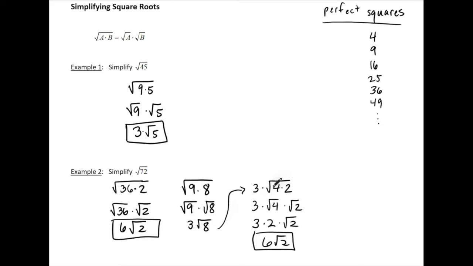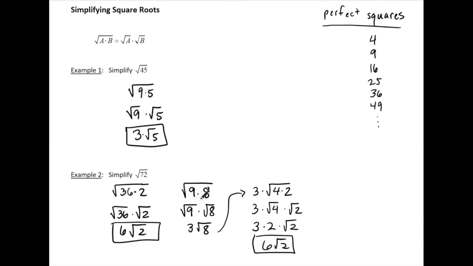Rewriting 8 as the product of 4 times 2, we can now split up the square root again between these two factors. The square root of 4 is equal to 2, so now we have 3 times 2 times the square root of 2, which is equal to 6 times the square root of 2.